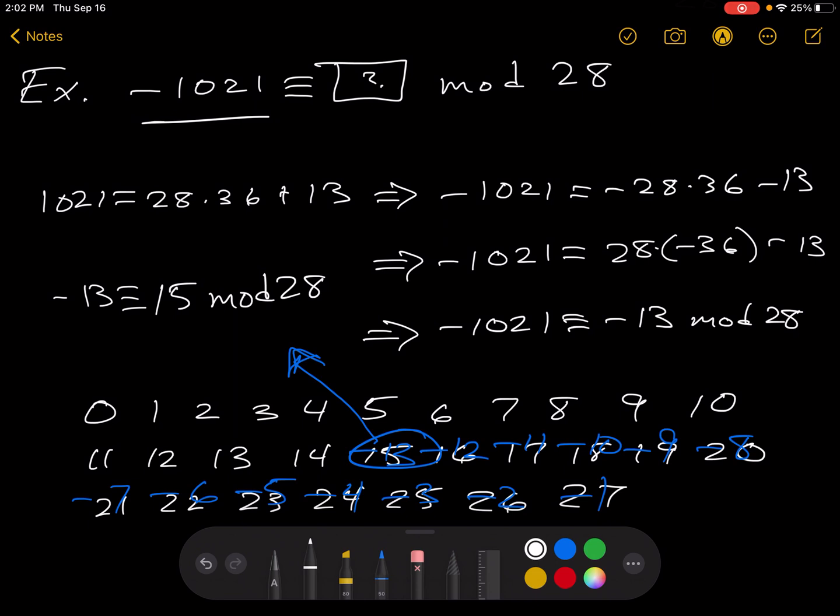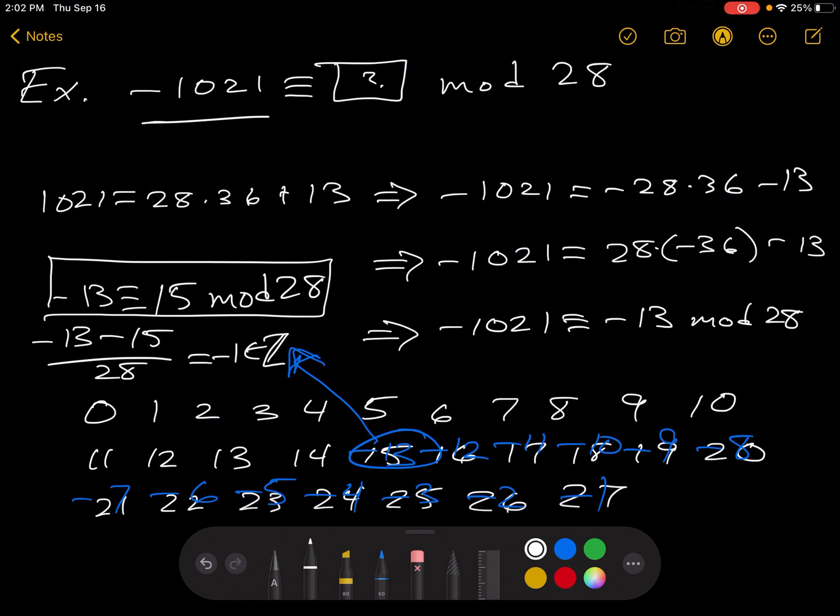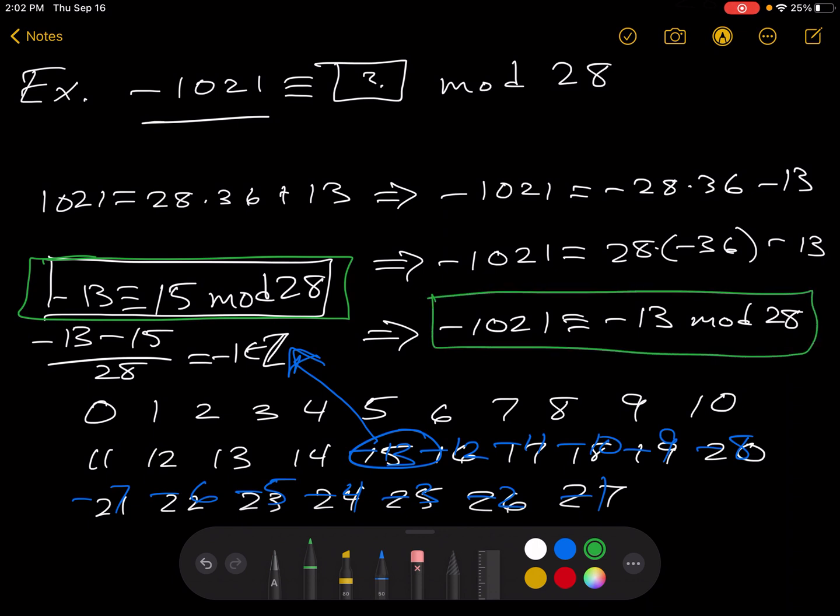Maybe you're not entirely sure, so you can do the math: negative 13 minus 15, over 28. You'll see that's negative 28 over 28, so that's negative 1, which is an integer. So that means you did this correctly. Putting that together, negative 1021 is congruent to negative 13, which is congruent to 15 mod 28.